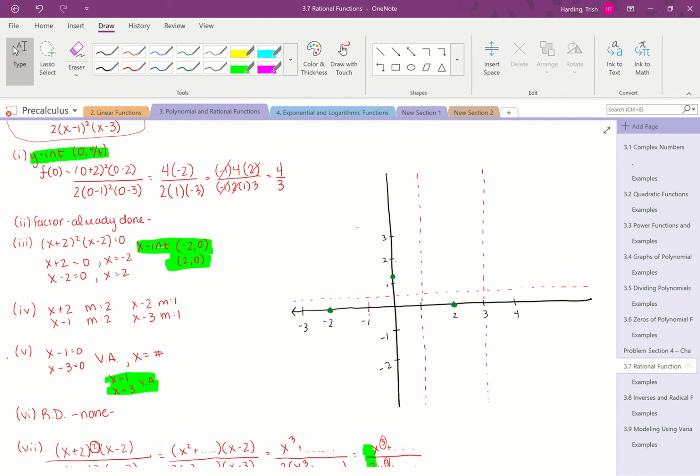Now I'm going to have a look at my roots. My roots on the top, my intercepts, were x plus 2 and x minus 2. When x is -2, notice that our multiplicity was 2, so that means it's going to bounce off. At x equals 2, notice that it is going to cross.